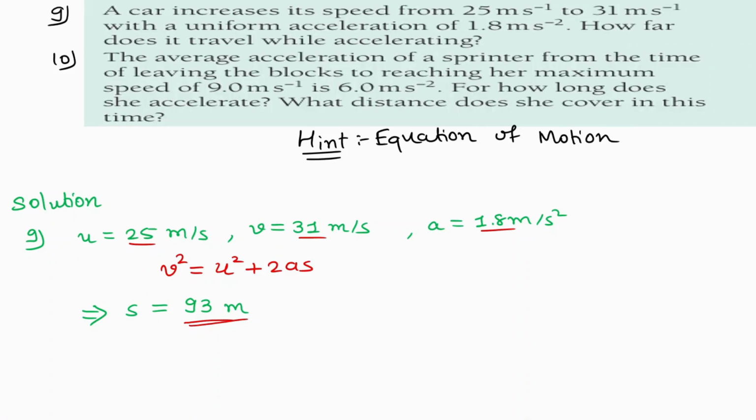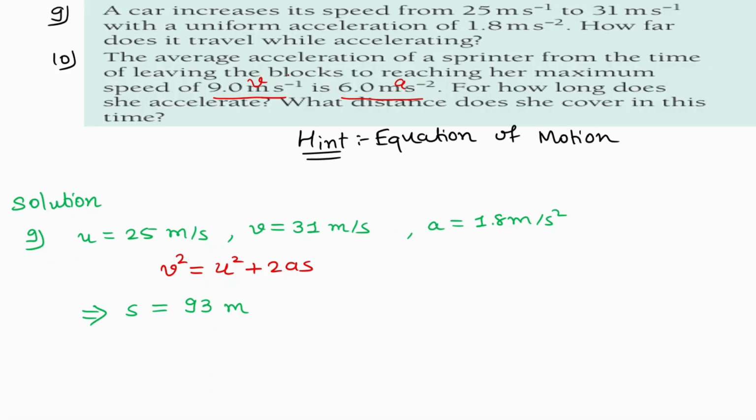Okay, now question number 10 says the average acceleration of a sprinter from the time of leaving the blocks to reaching her maximum speed of 9 meter per second is 6 meter per second square. Here, this is a and this is v.